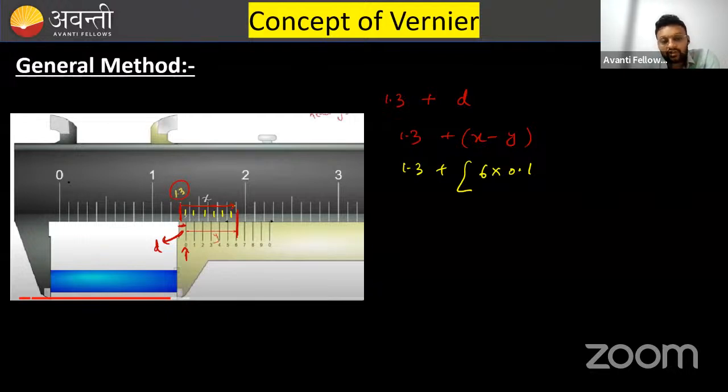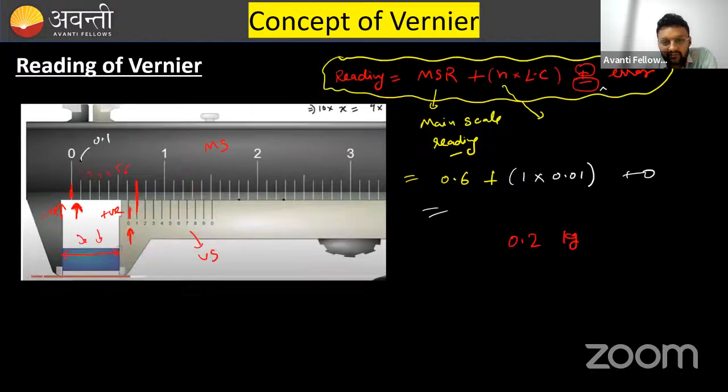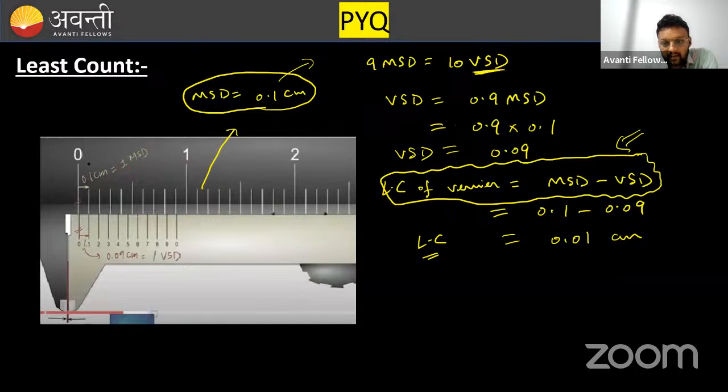We said generally 0.1, but I am taking 0.1 for now; it will not always be so, we will go according to what is given in the question. For now I am assuming normal. Minus y is what? How many boxes? 1, 2, 3, 4, 5, 6. That is 6 into what was the measurement of this one box? One VSD was how much? If you can remember, we solved it somewhere. One VSD was 0.09.